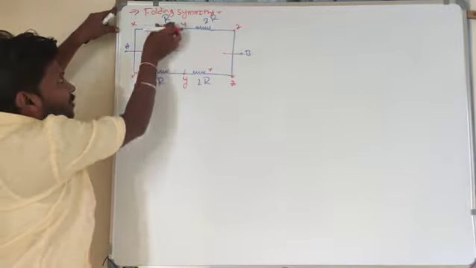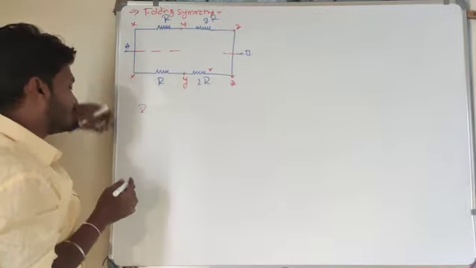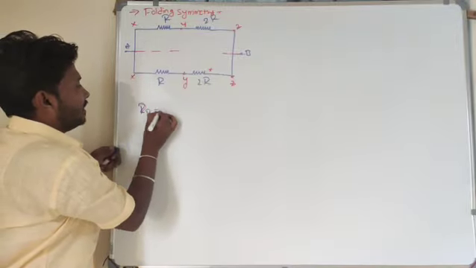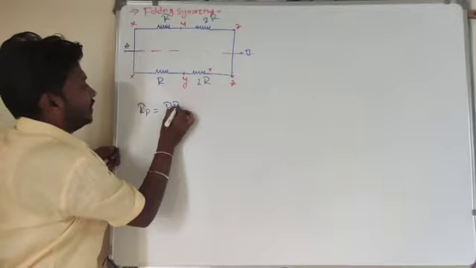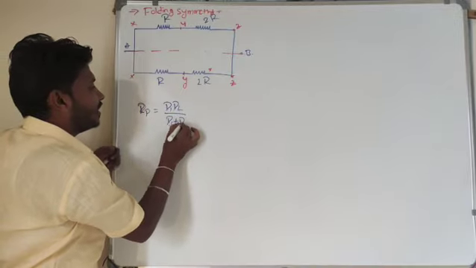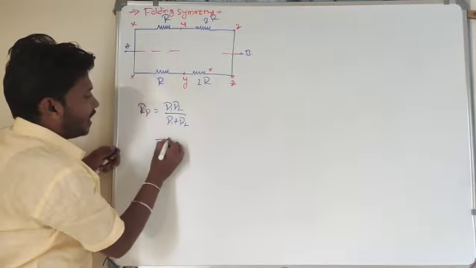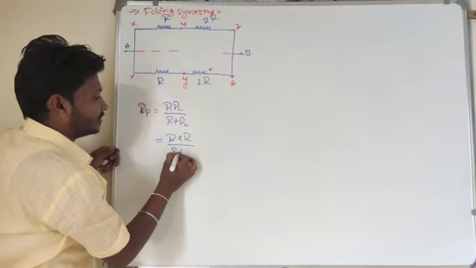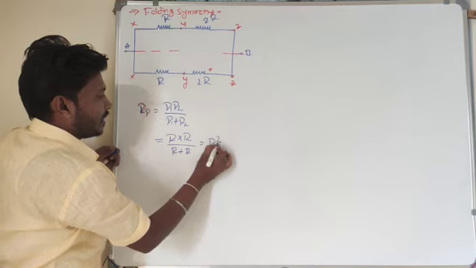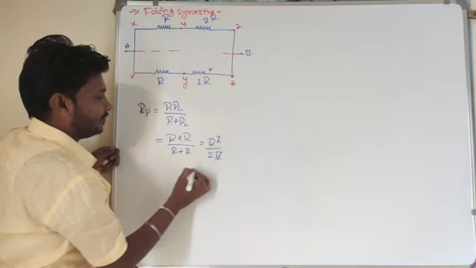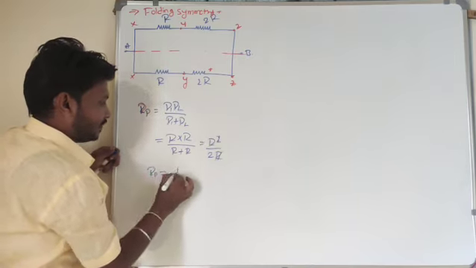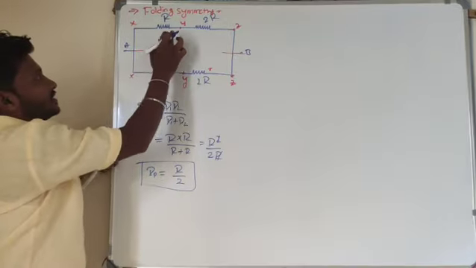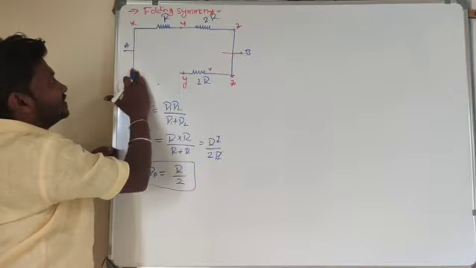So instead of two resistors, what is R_P? R_P equals R1 times R2 divided by R1 plus R2. R1 is R, R2 is also R, so R squared by 2R. So R_P is R by 2. Instead of two resistances, I take that single resistance.